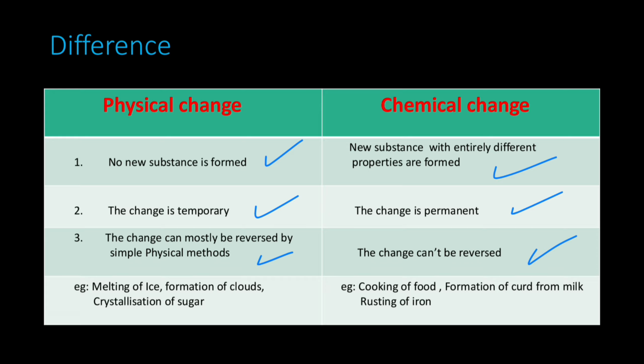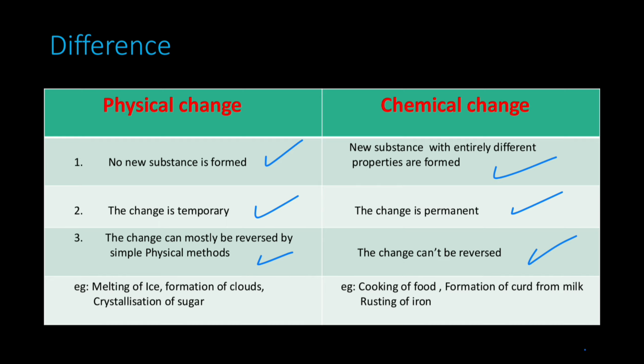But in an example like chopping of vegetables, take for example some carrot or tomatoes, when you chop them into small cubes, the shape and size of the substance is changed, the physical property is changed, but we cannot get back the whole vegetable, right? Once it is chopped, it cannot be reversed.